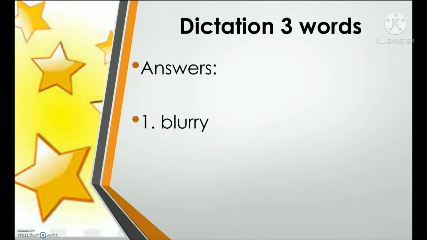Number 1. Let's read and spell together. Blurry. B-L-U-R-R-Y. Blurry. Number 2. Magnifier.